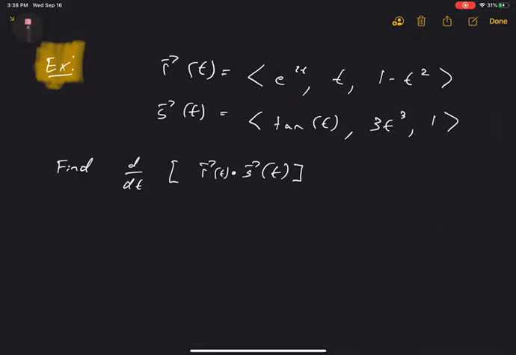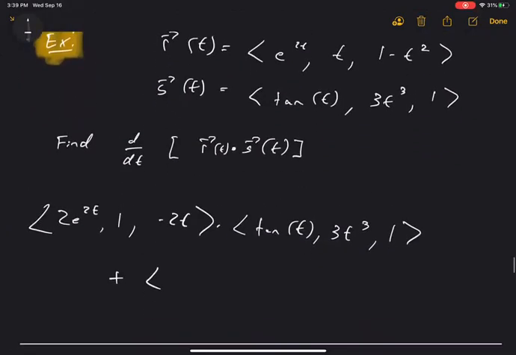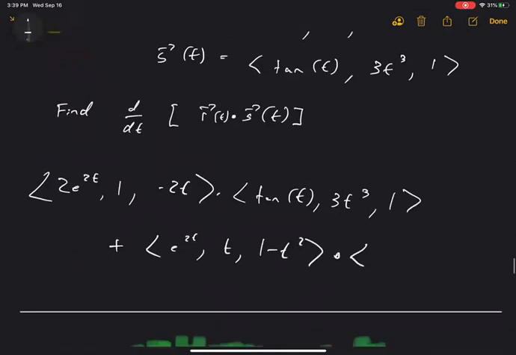So 2e to the 2t, 0, negative 2t, dot s, so dot tan, plus r dot s prime. Let's see, what's the derivative of tan? Secant squared, hopefully.